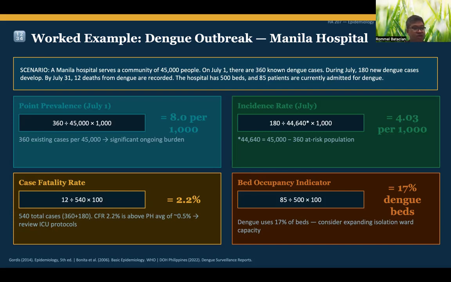The fourth one is the bed occupancy indicator. So now we're computing for the proportion of hospital beds occupied by dengue patients. So the formula is bed occupancy equals dengue admissions divided by total beds times 100.